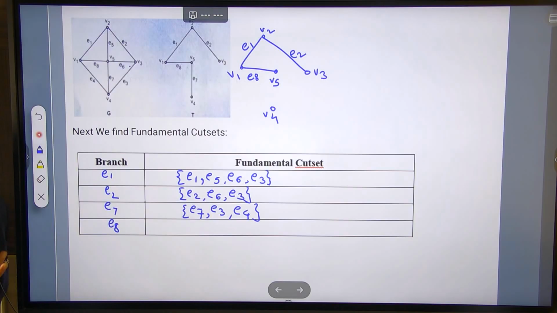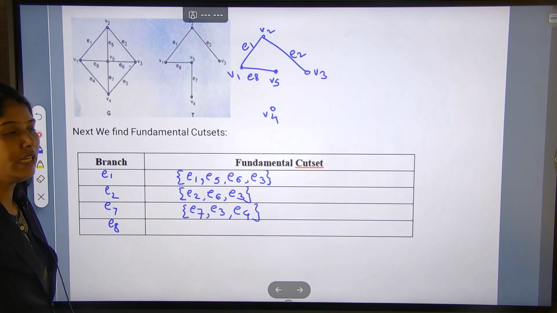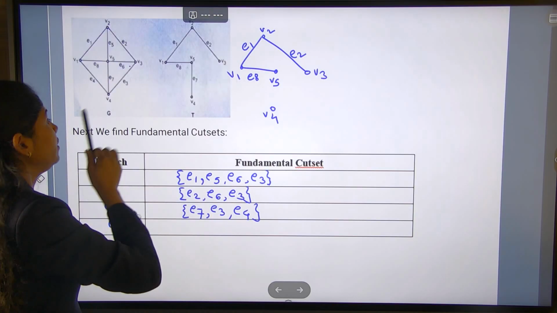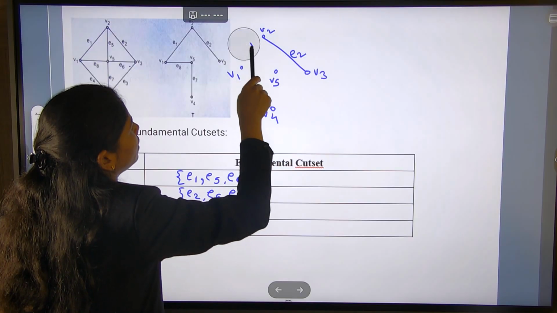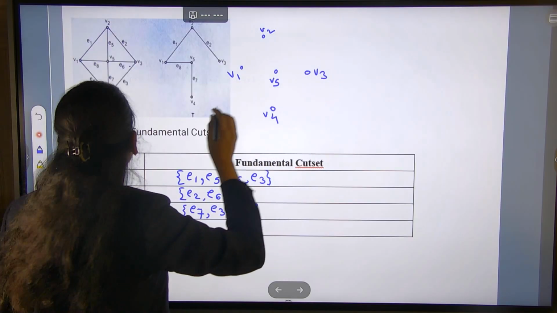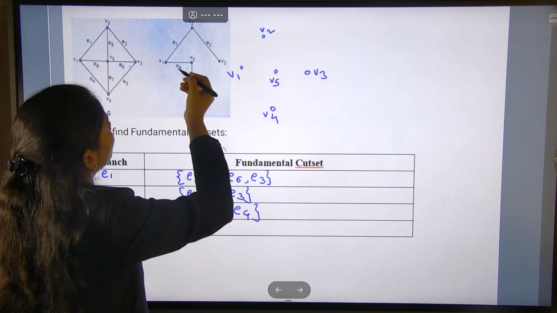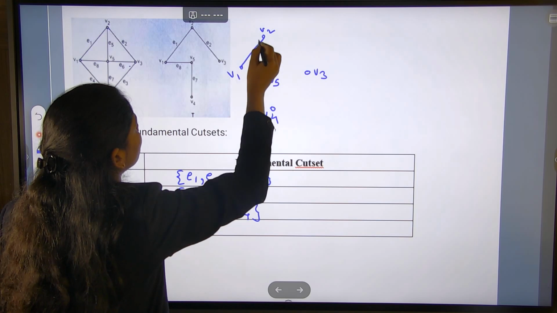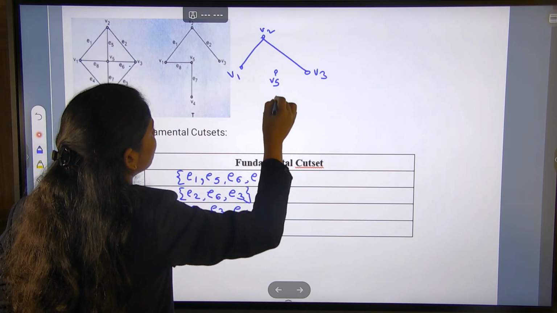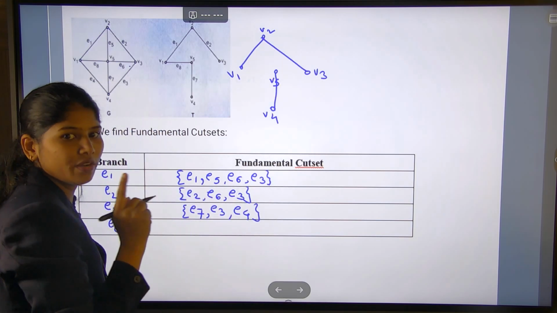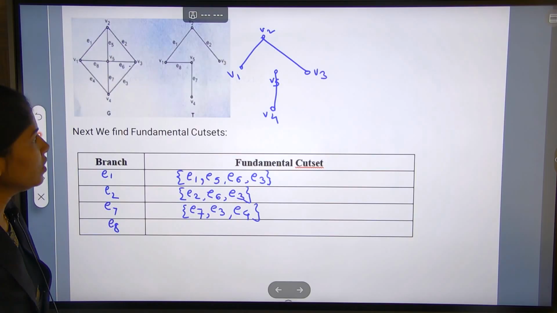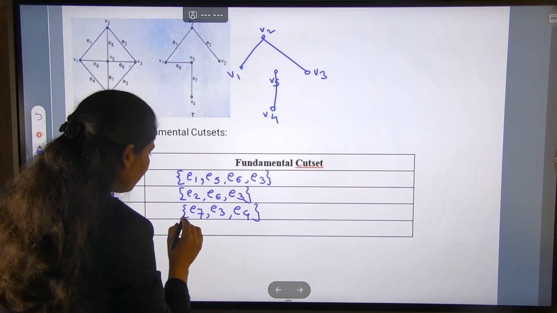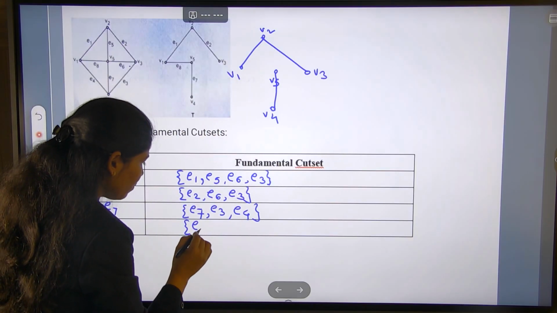Then check for E8. Next branch E8. Again from the spanning tree, remove the edge E8. So we get the graph like this. Again we get two disconnected components. So E8 itself creates a fundamental cut set.